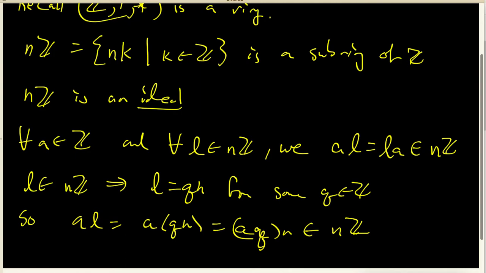Now, I want to define a certain set, and this set is based on another thing that we've looked at in a couple of videos. I want to recall that we have defined a congruency mod a subring, and in our case the subring is nZ.